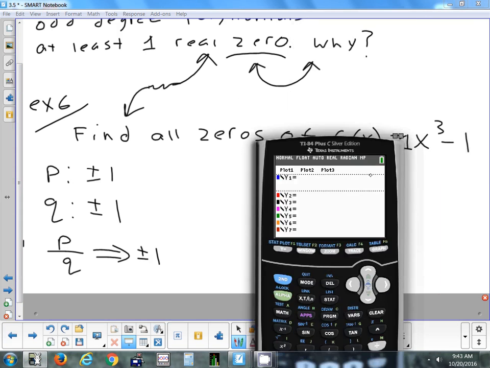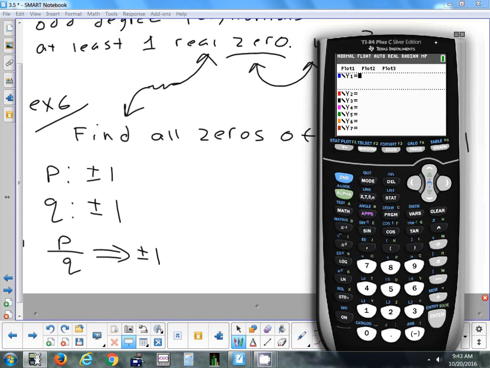Okay, so it's x cubed minus 1. I'm zoomed in a little bit, but that's fine. So where does it look like it crosses? So the candidate in this case, if I asked you to make that list, the candidate would be plus 1. I'm going to confirm it right now. It is 1.